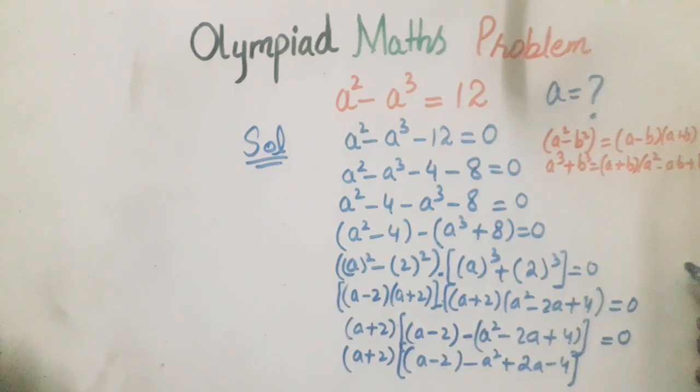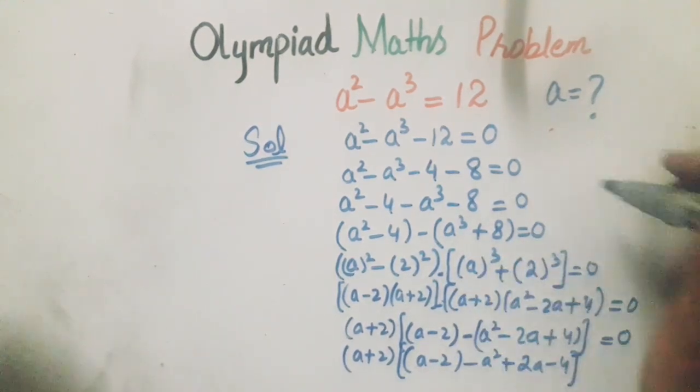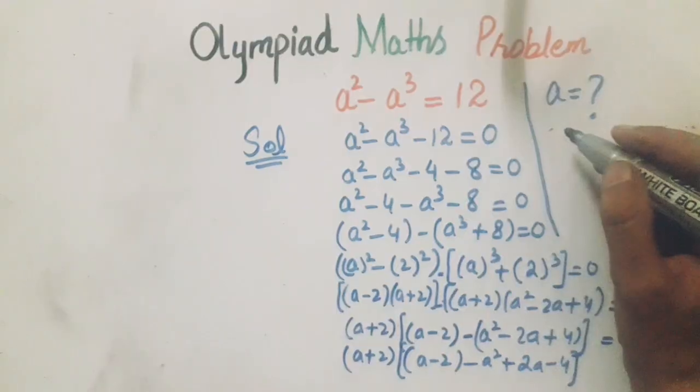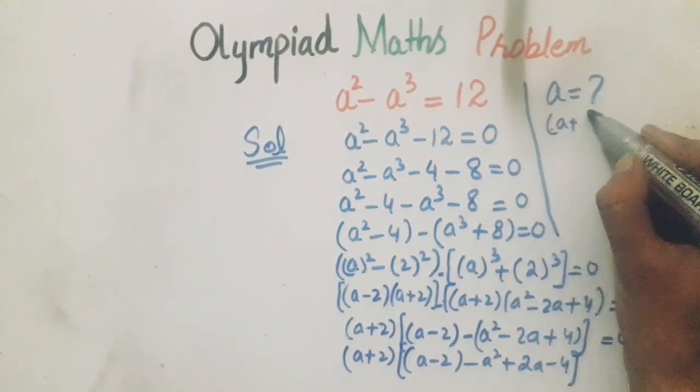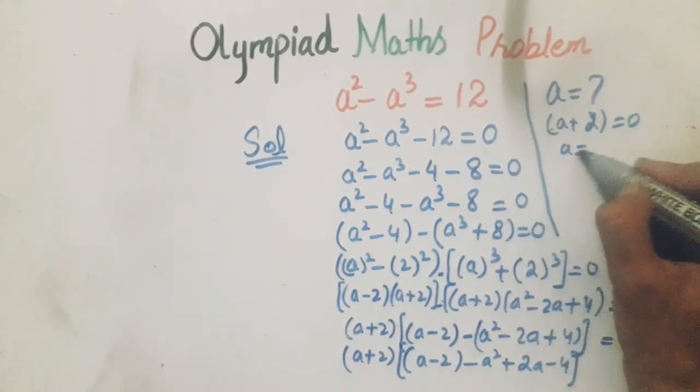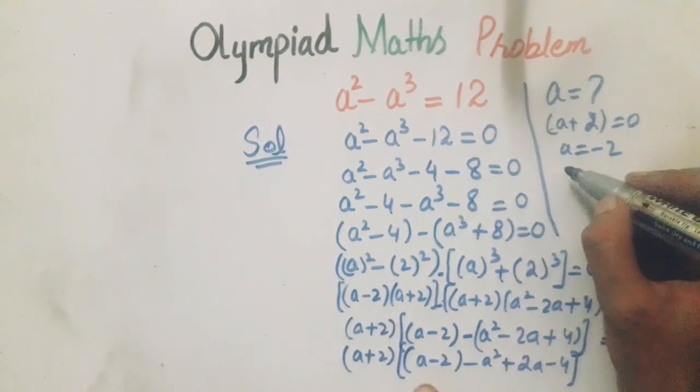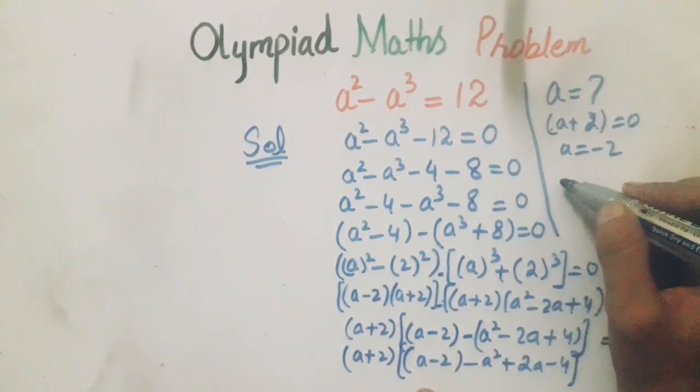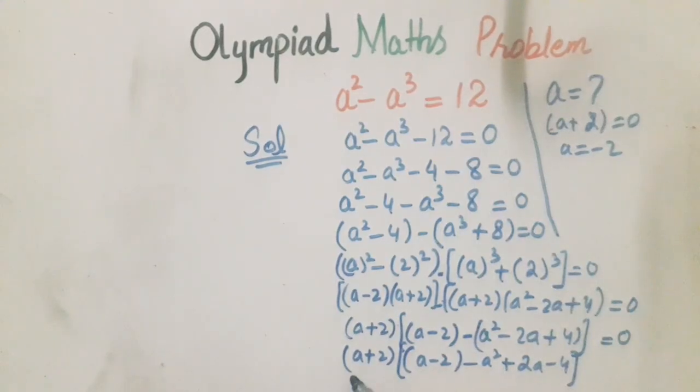Now we have two factors on this. a plus 2 equals 0, which implies that a equals minus 2. The other factor: this is a plus 2 and this is minus a square, then 2a plus a, 3a, minus 2 minus 4 is minus 6.